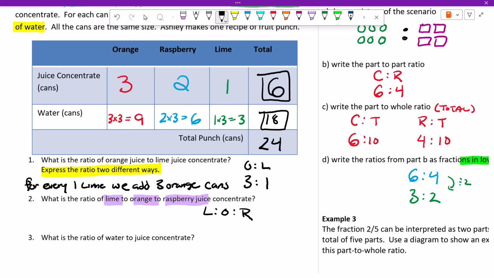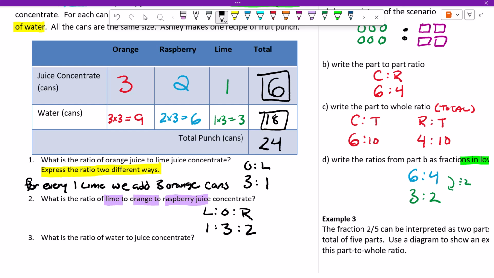That's the order that we want to write these things down. So what are those numbers? 1 for lime. What's the orange? 3. And the raspberry, 2. That's it.